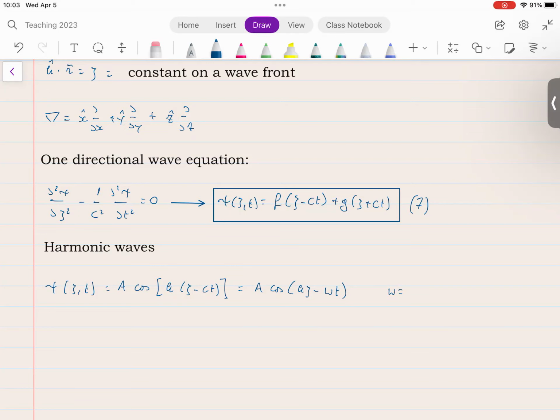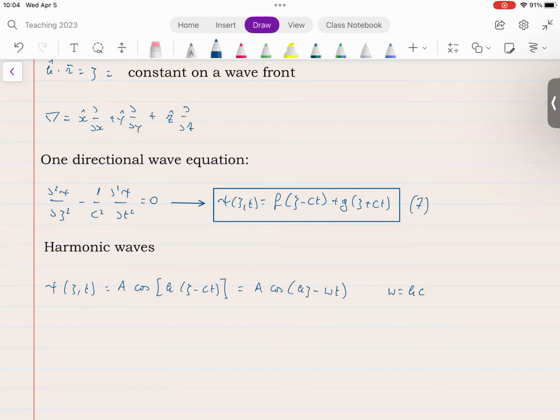In here, I'm defining omega, and by dimensional analysis, clearly that's going to be the angular frequency of the oscillation, while k is the wave number of my wave, or propagation constant.